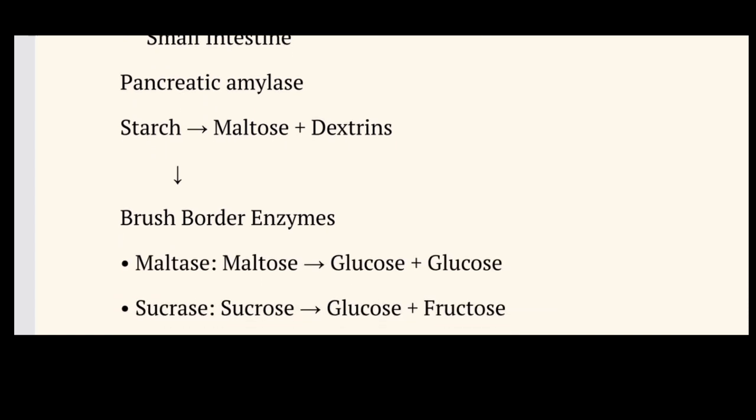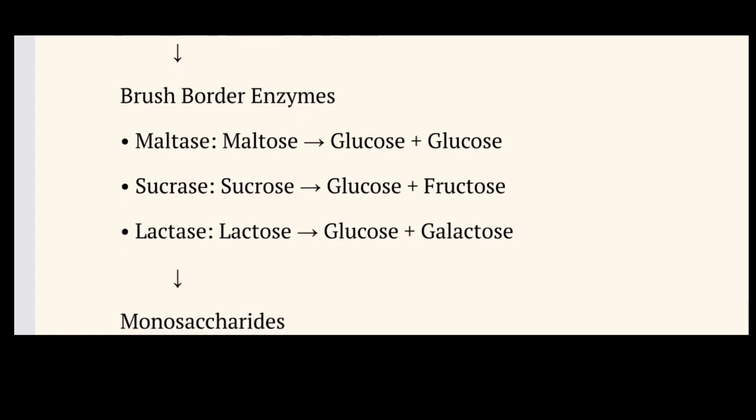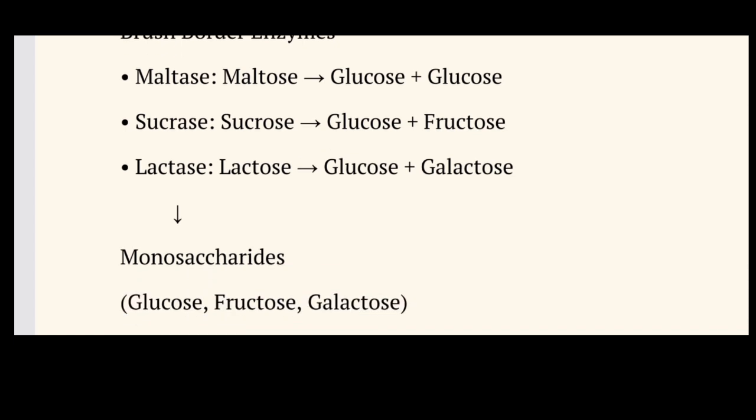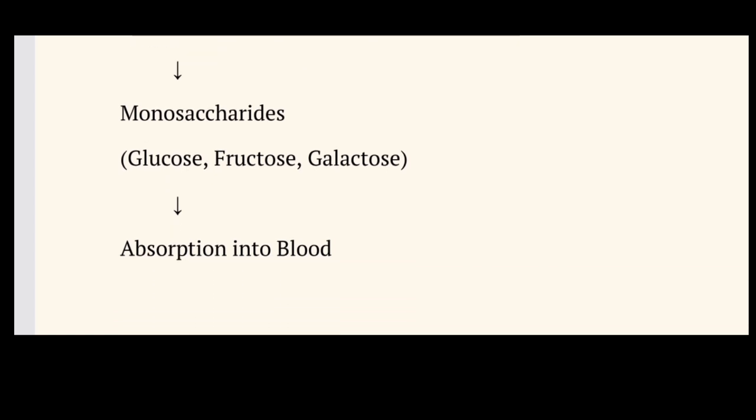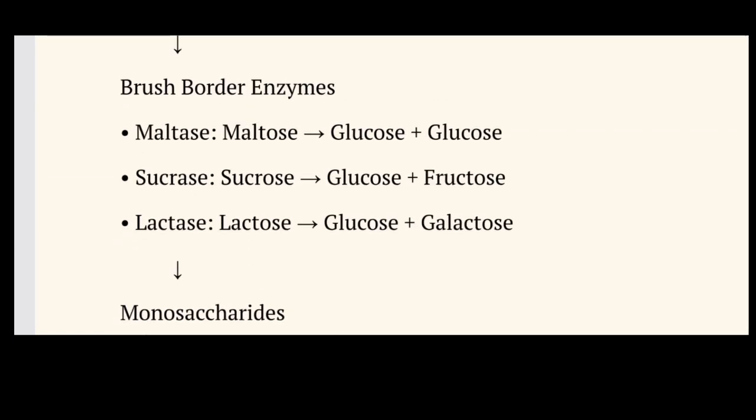Then the brush border enzymes found in the villi act: maltase converts maltose into glucose plus glucose, sucrase converts sucrose into glucose plus fructose, and lactase converts lactose into glucose plus galactose. Then the monosaccharides are absorbed into the blood. You can see the flow chart for remembering.